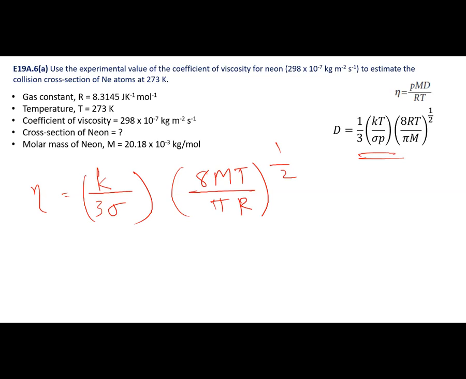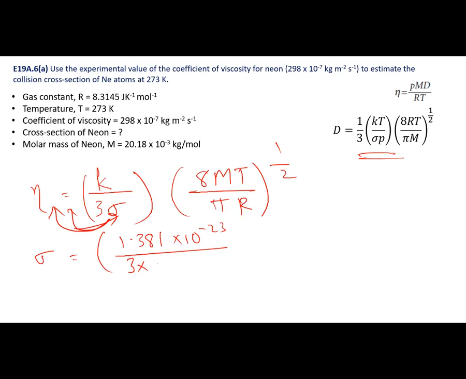So once we get this, it's a straightforward thing. We can substitute all of these. Boltzmann constant is 1.381 times 10 power negative 23 times 3 times. Okay, one thing that we need to do is swap this. We need to find the sigma and not the coefficient of viscosity. So we will swap these two.